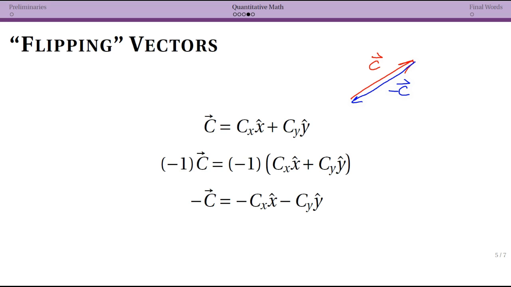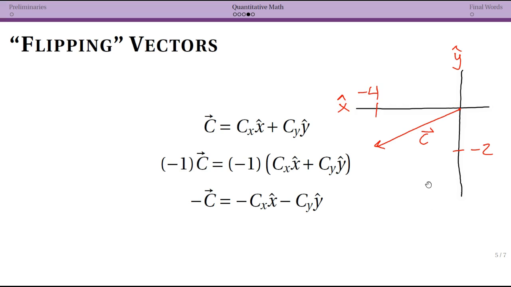So where this is really going to come in is, again, in subtraction, but we also want to make sure that we understand what's happening to the signs here if our initial vector isn't in the first quadrant. So let's pick a C vector that's actually in this situation where C vector is equal to -4 in the x hat direction and -2 in the y hat direction.